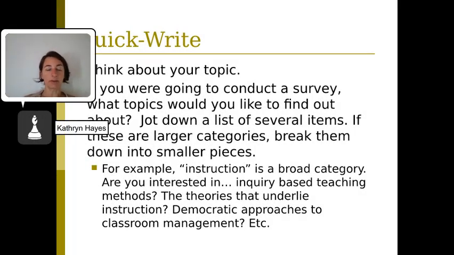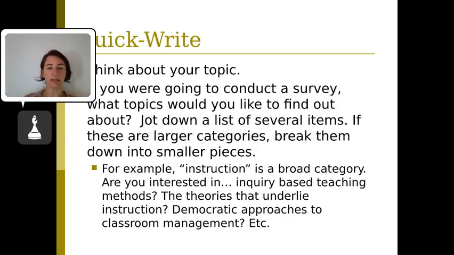So first, I'd like you to do a little bit of thinking and writing. Think about your topic and particularly have your research question in front of you. If you were going to conduct a survey about this topic, what would you like to find out about? So jot down a list of several items. If there are larger categories, break them into smaller. So for example, instruction is a broad category.